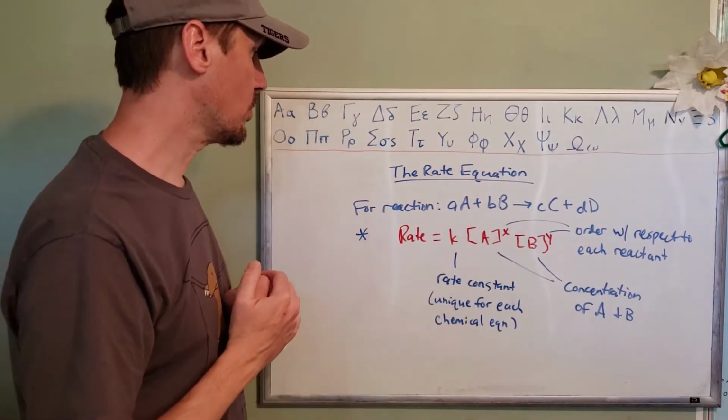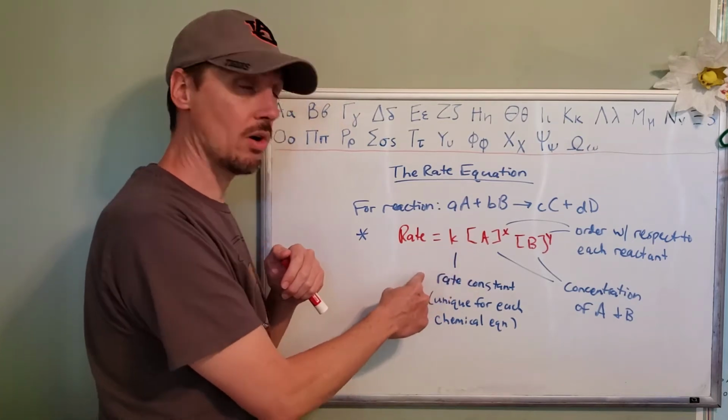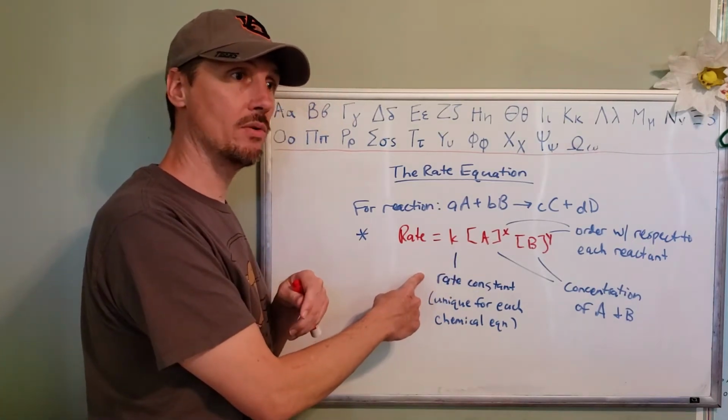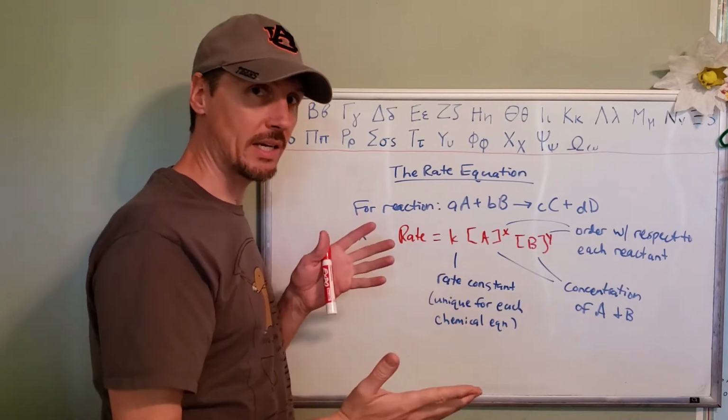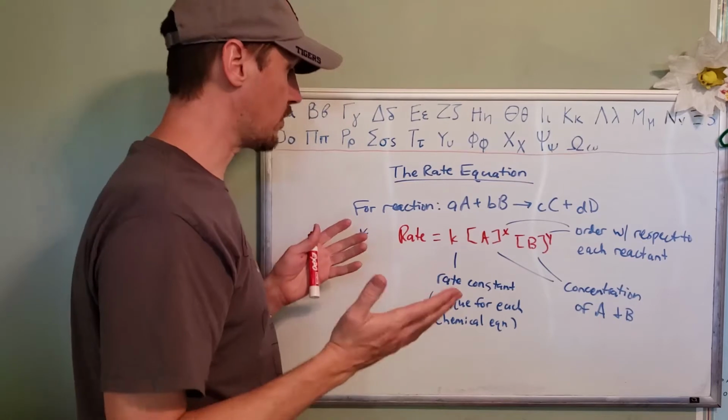So for this reaction, the rate of the reaction is going to be equal to K, something that we call the rate constant, and it's just a value that you're either going to have to be given or you're going to calculate it in the problem. It's a constant that's different for each equation.